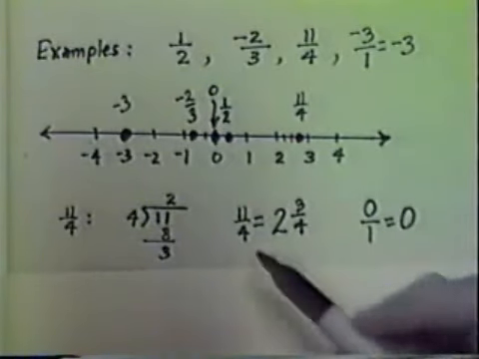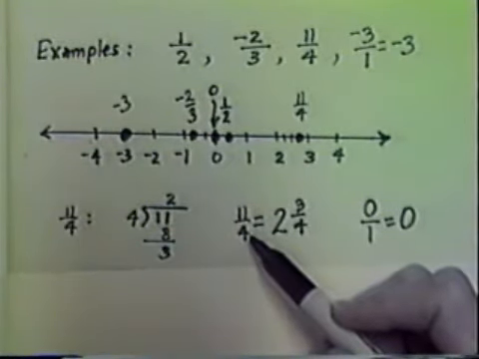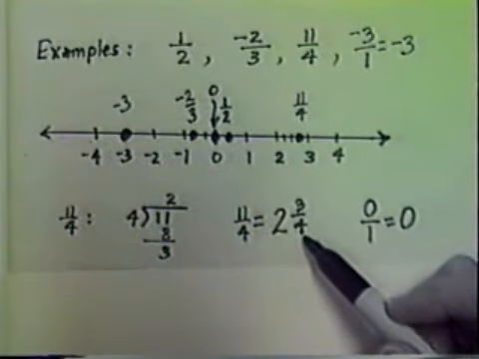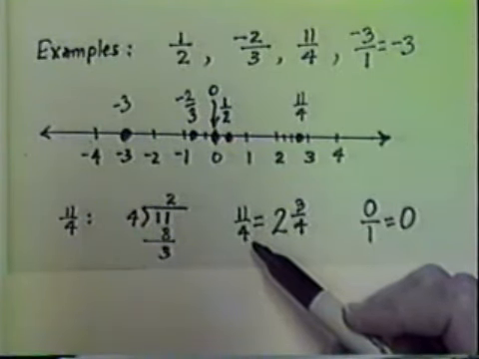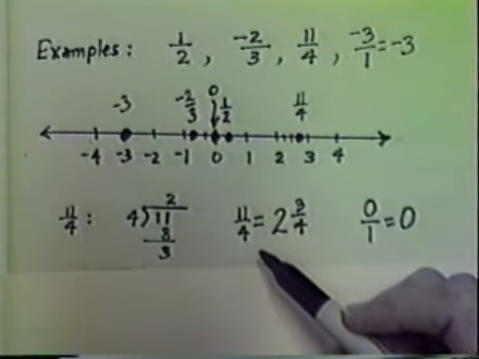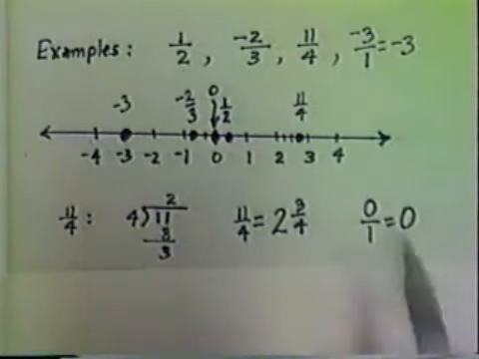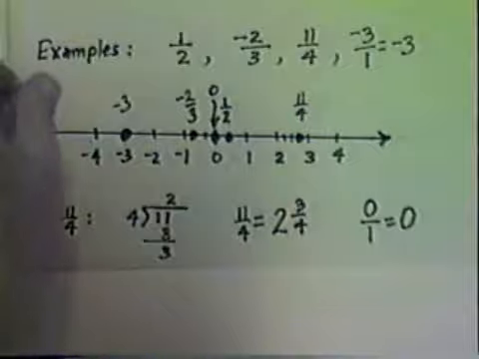Now, as we worked with 11/4, we wrote 11/4 in mixed number form. Recall that a fraction can be written as a fraction or as a decimal. And one thing we're asked to do from time to time is to convert fractions to decimals. So let's take just a moment to convert some fractions to decimals.